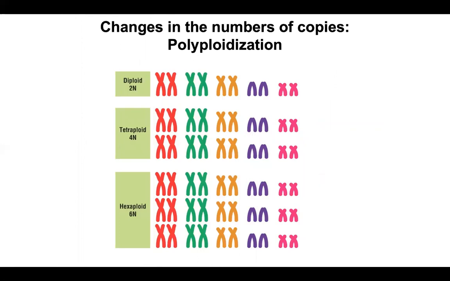So what we just talked about was a very subtle change in the genome. Now we're going to talk about a very drastic change in the genome, and that is polyploidization. This is something often observed in plants, in that through errors during mitosis or meiosis, mainly mitosis, we're seeing cells not dividing after replication, and now we're ending up with double genome copies in those cells.